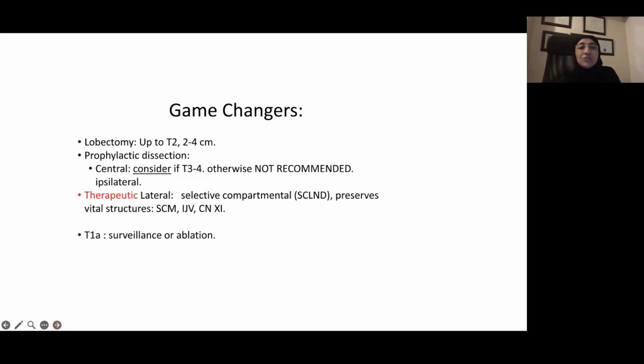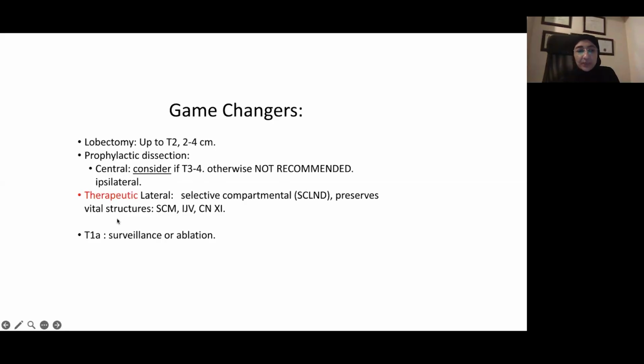So what are the game changers? Lobectomy up to 4 centimeters is an option. Prophylactic dissection for central compartment is not recommended. If one is to consider prophylactic, probably for T4.